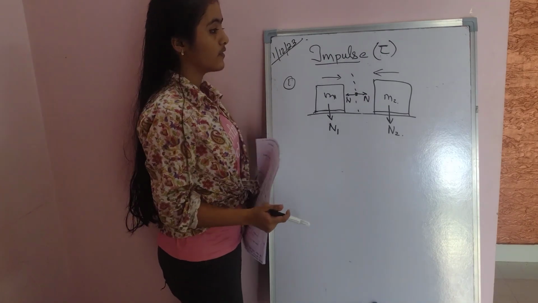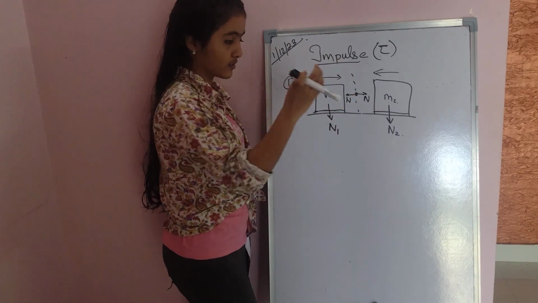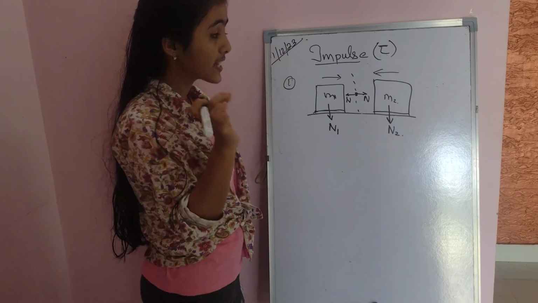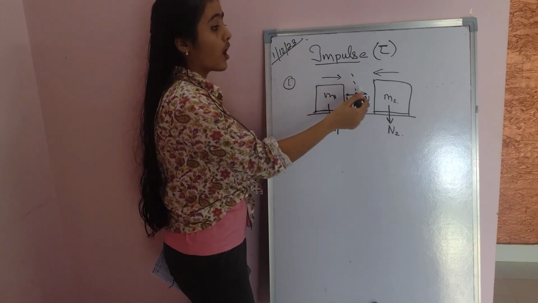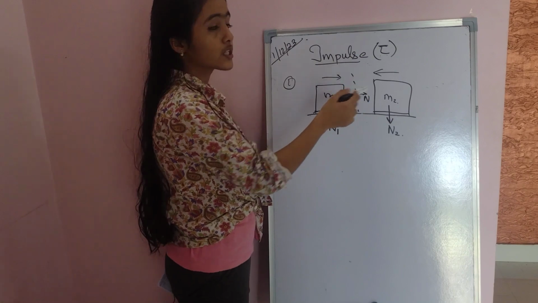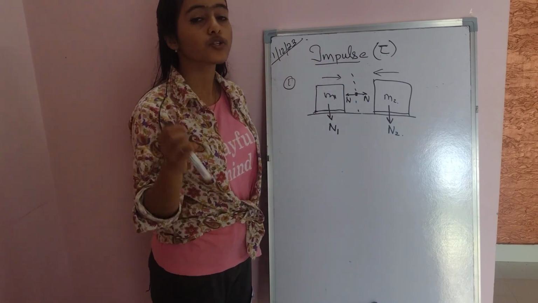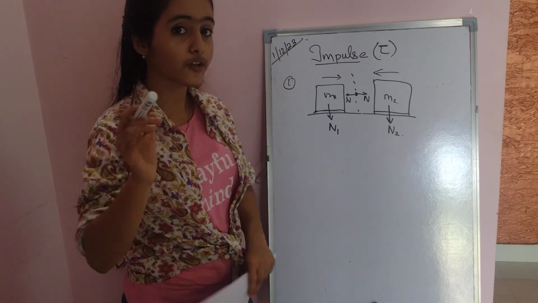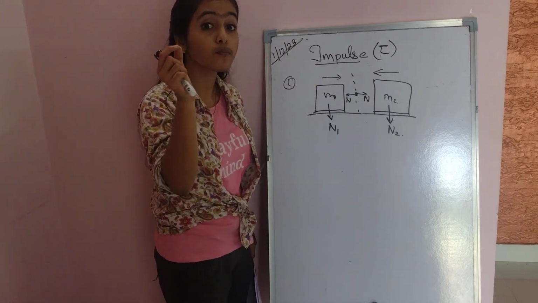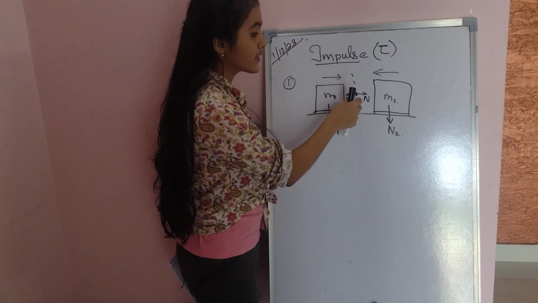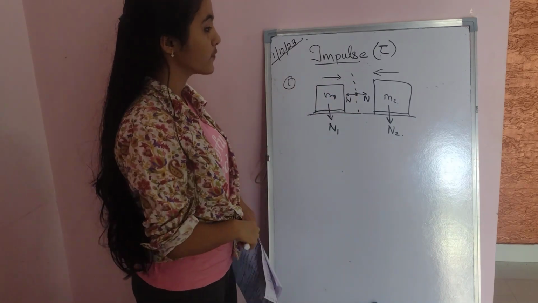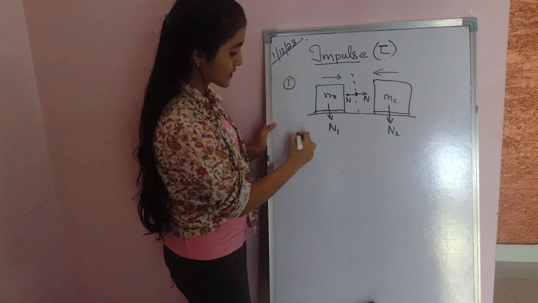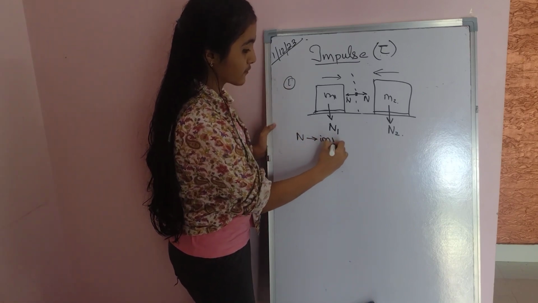When these bodies collide, at that point this normal reaction is generated. When an impulse is generated, the force acts for a small interval of time. So this normal reaction acts for a small interval of time. Therefore, we can say that N is an impulsive force.